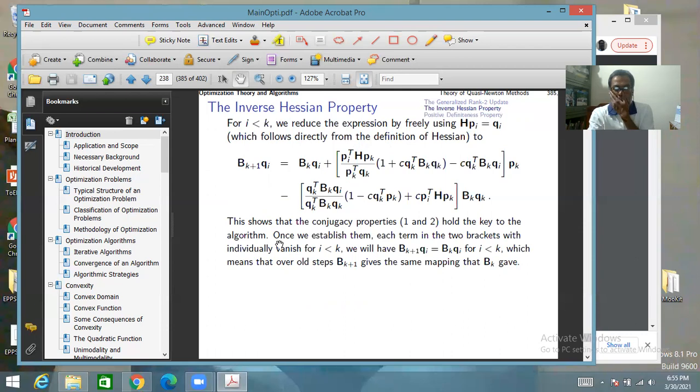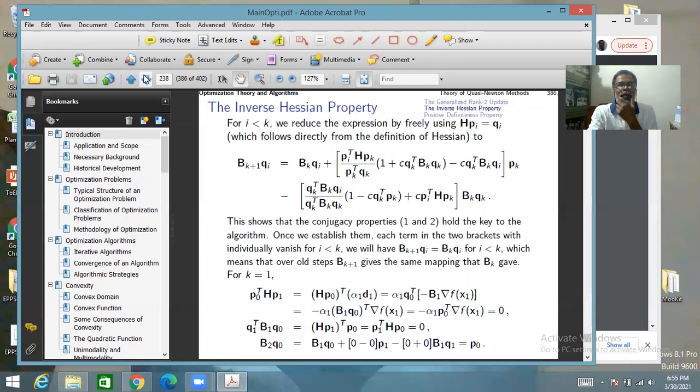That means that once we establish the two conjugacy properties, this whole thing will be gone for i less than k, and this equation will get cut right here, which will mean that over old steps q_i, i less than k, the new inverse Hessian estimate behaves exactly as the just previous one did. And that's a great advantage.